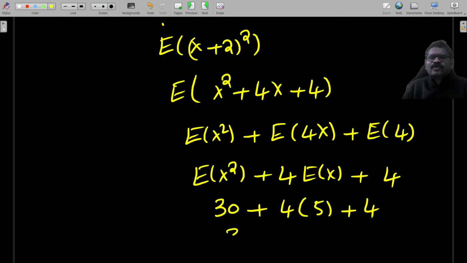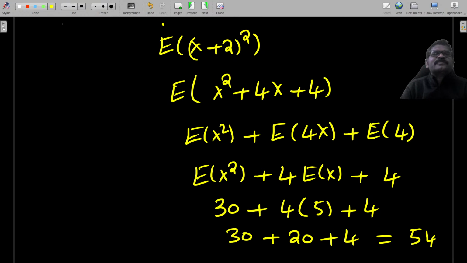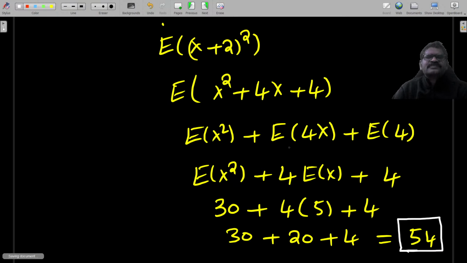So 30 plus 20 plus 4, that is 54. So the expectation of x plus 2 whole square is 54. Understood?